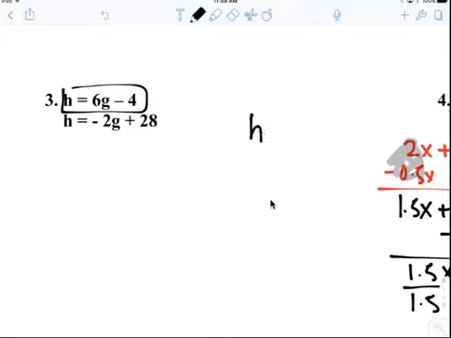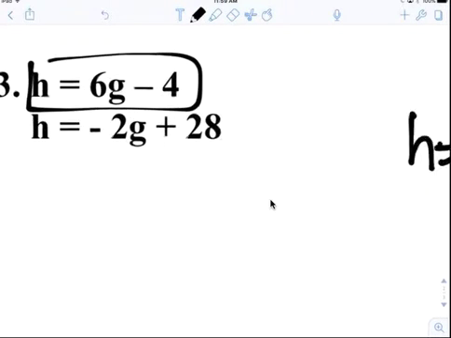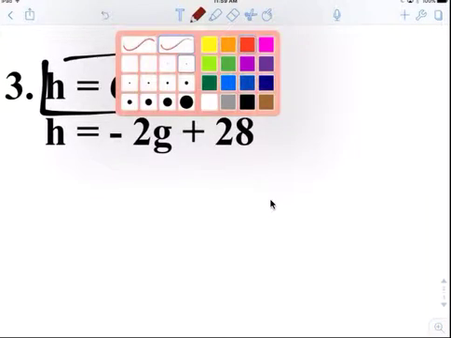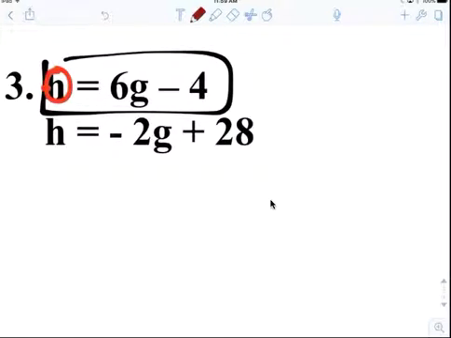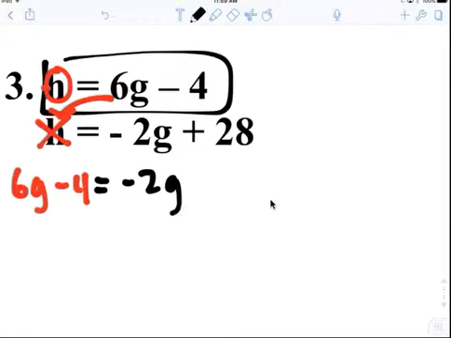Okay, h equals 6g minus 4. Because that's the easiest one, I cross out the hard one that has this letter h, substitute that in there: 6g minus 4 equals negative 2g plus 28.